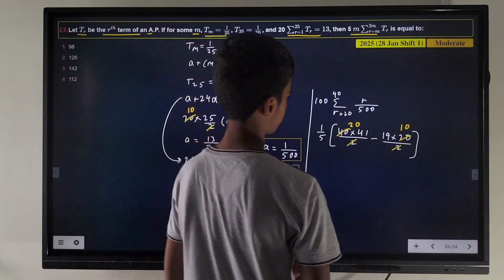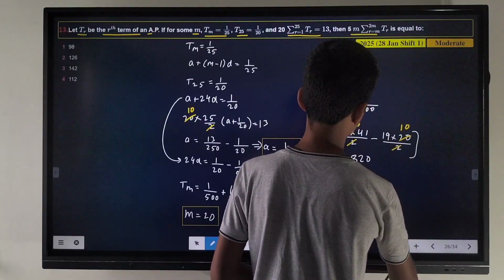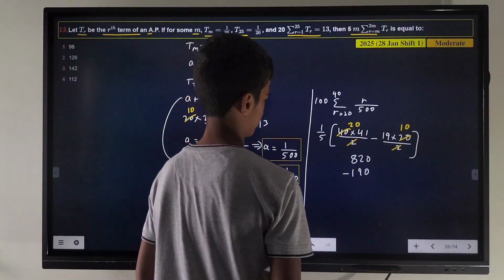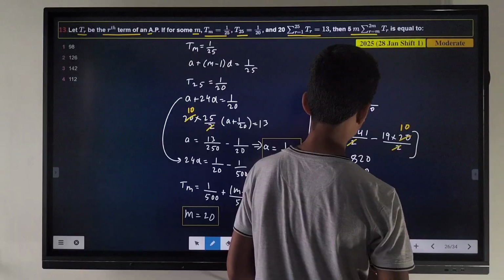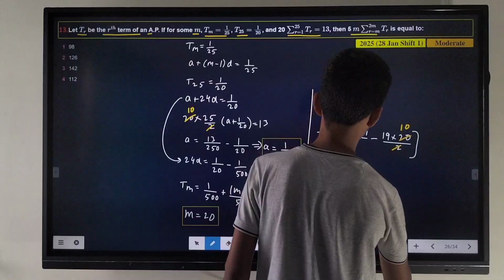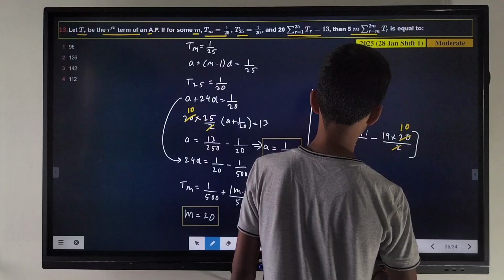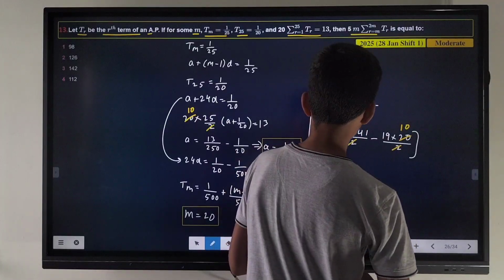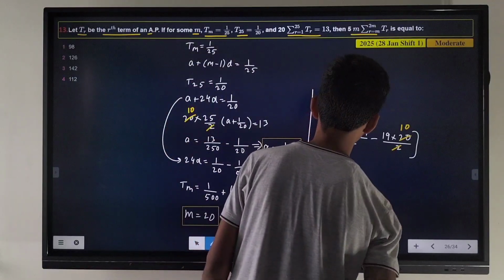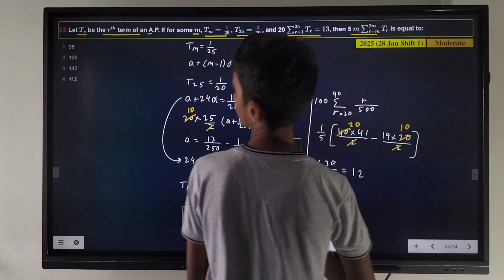Here we will get 820 minus 190. So from here this will be 630 upon 5, which is equal to 126.